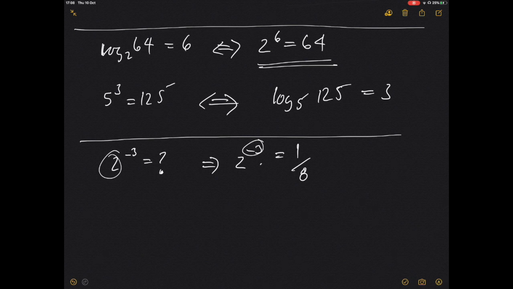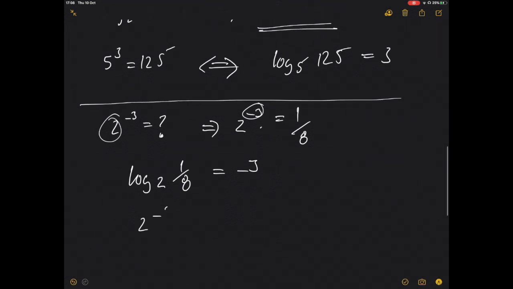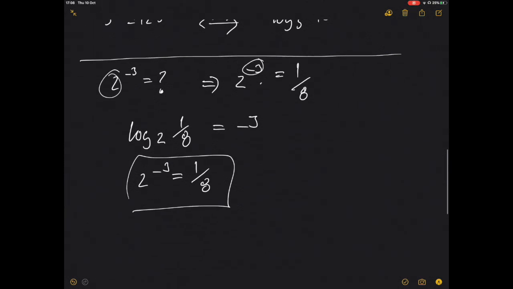So we can begin to write this in a slightly different way. We can start our log, which is to the base 2. And we know that we have 1 over 8, so that 1 over 8 goes over here. And then we can say that that equals minus 3. So our statement would be log base 2 of 1 over 8 equals minus 3, and that would be our answer.